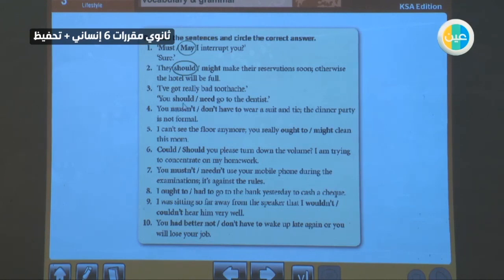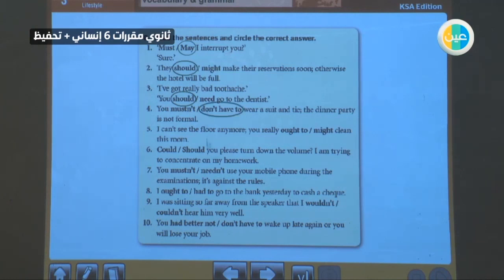You should or need to go to the dentist. Yes, should. It's a strong opinion or advice. You mustn't or don't have to wear a suit and tie. The dinner party is not formal. So yes, it's absence of obligation.